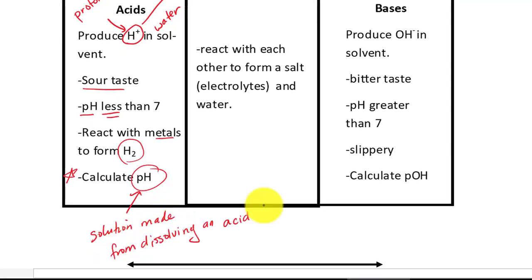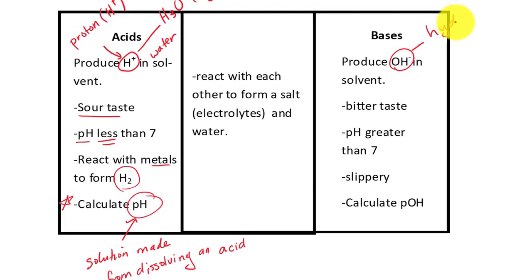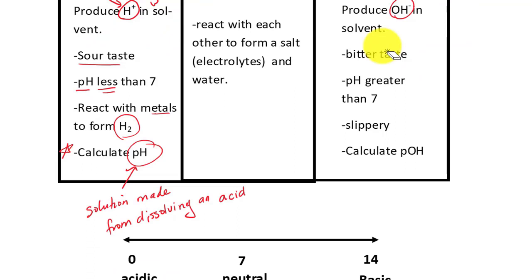Now let's go over to the bases. The bases produce an OH minus, and the name of the ion for OH minus is hydroxide. Another characteristic of a base is that it has a bitter taste. Think of soap.